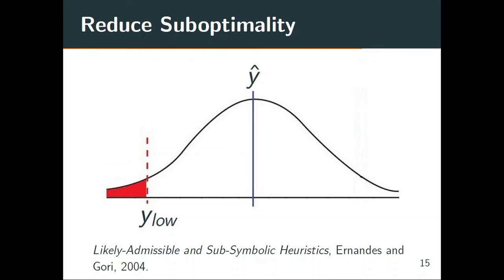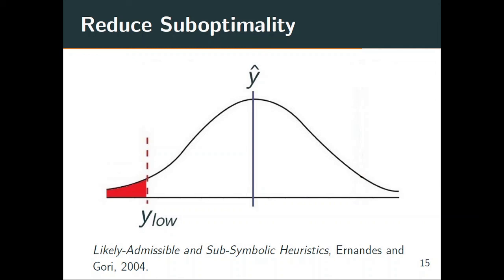Our second contribution is to reduce the suboptimality of the original Bootstrap procedure. Recall that in the standard supervised learning setting, the output of the model is a point estimate y hat. However, with our approach, the output is a full distribution. Therefore, we are no longer restricted to using y hat.